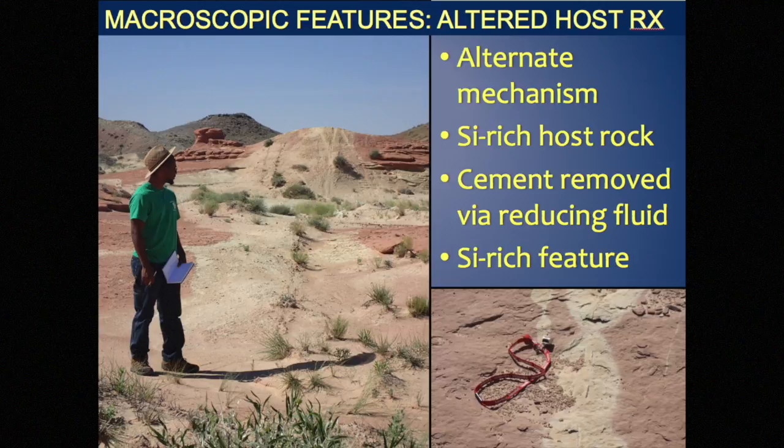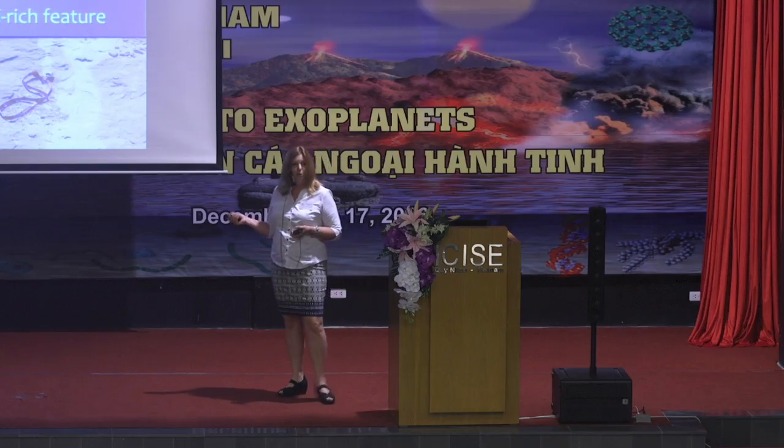Here's an alternate way you can get a silica-rich lens, or a silica-rich fracture fill, I mean. So this is also in Ten Mile Graben, where this spring system is. So this would be related to the modern spring system.